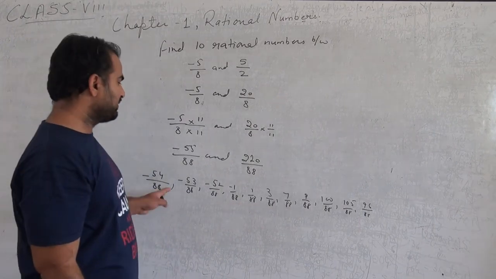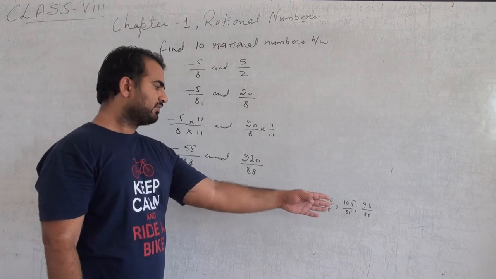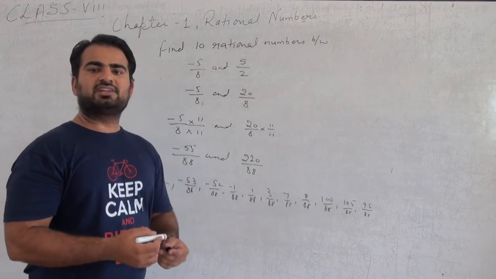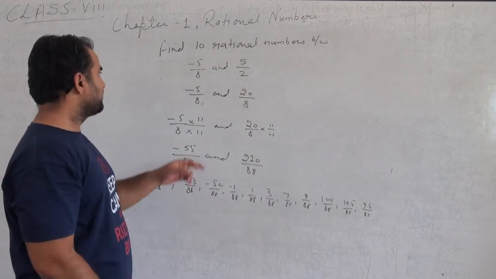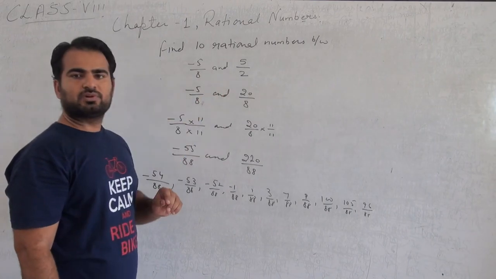Okay, these are 10, but I have made one extra. These are the 11 rational numbers between these two rational numbers.